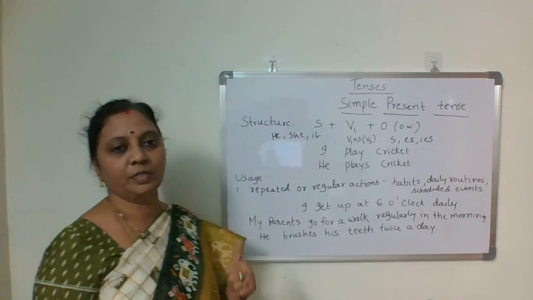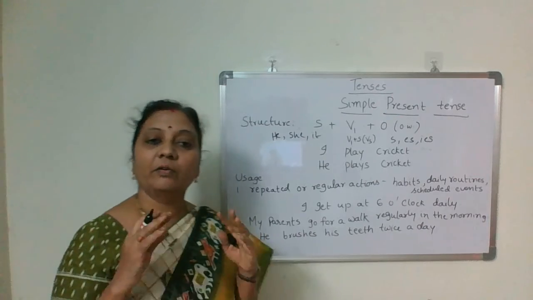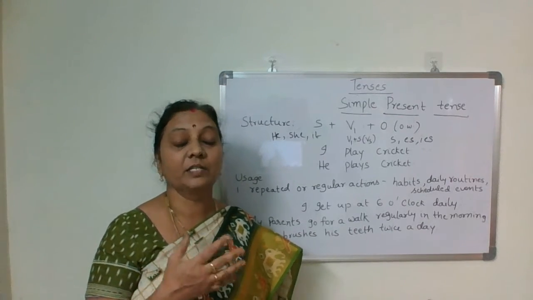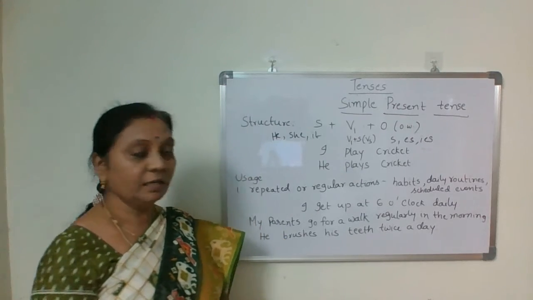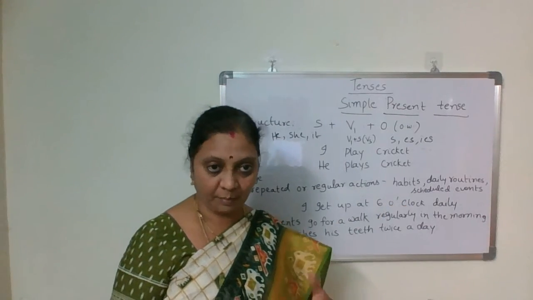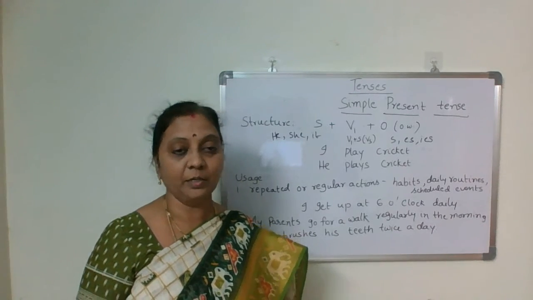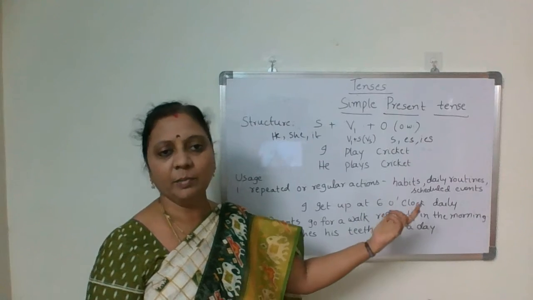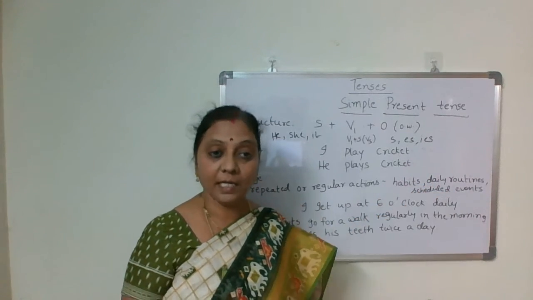Then when do we use simple present? First usage: repeated or regular actions. What are the actions which we do regularly and repeatedly, and mostly they are our habits. Once you start anything and do it continuously or regularly, it becomes a habit, isn't it? And it talks about daily routines also.